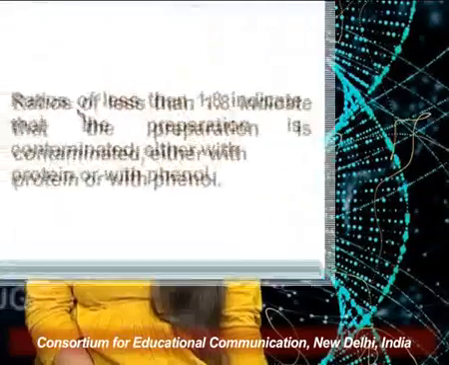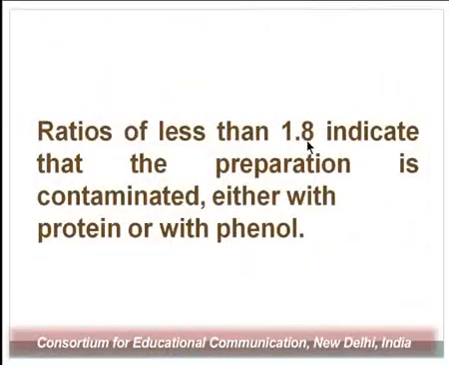If the ratio is too high or too low, we need to go back and repeat the purification step, either by doing a chloroform extraction once, or by adding proteinase or RNase and incubating at ambient temperature, and then again precipitating the purified DNA and checking its purity by UV spectrophotometry.